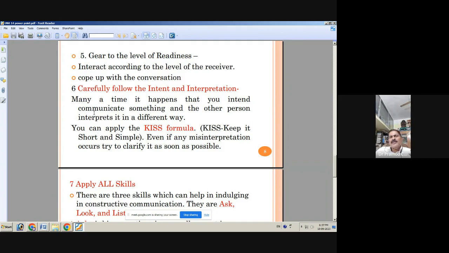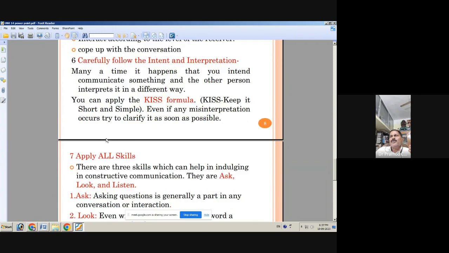Suppose you are interested to give one message, but some buddies are not interested that you send the message or that your message be accepted. Then a very simple formula you will have to apply, that is the KISS formula. KISS means keep it short and simple. Keep it short and simple.